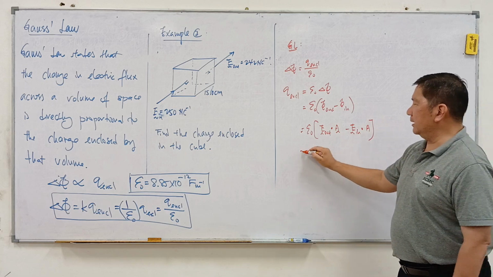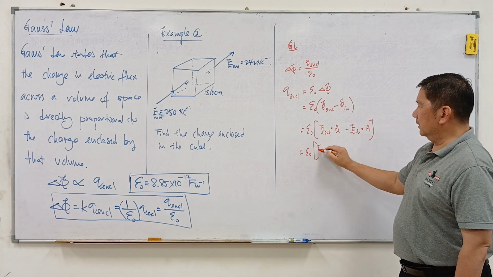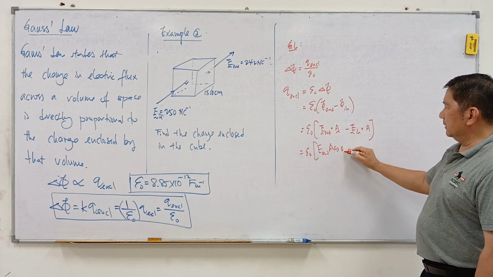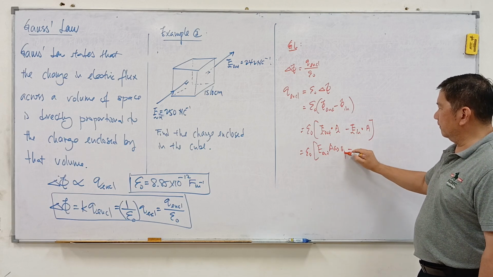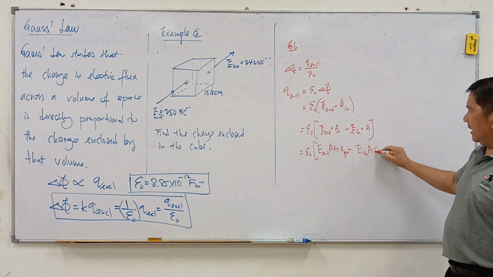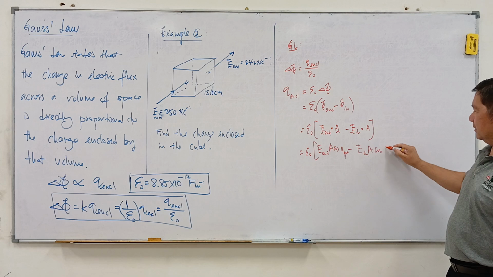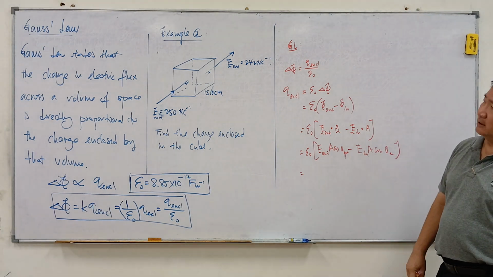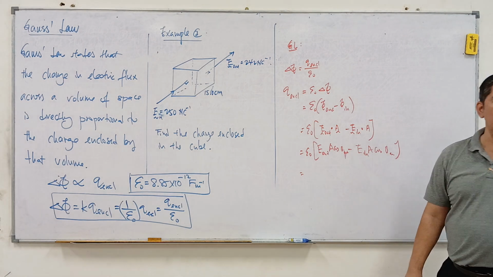But the dot product gives you what? E out A cosine theta out, and minus E in A cosine theta in. And of course the areas are the same. Look at the area, in and out are the same because it is a cube.